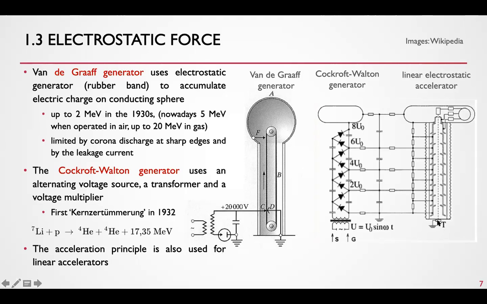This is important because in some sense here is where particle physics starts. One can put the beginning of particle physics at various points in time, but this is the first disintegration of an atomic nucleus. It was in 32, and protons were shot at a lithium target by Cockcroft and Walton, who invented this.